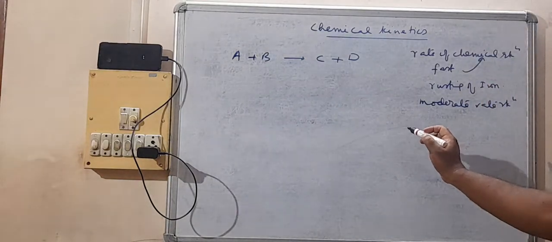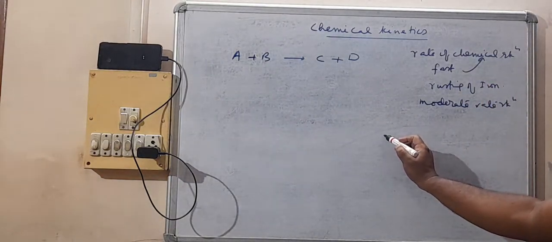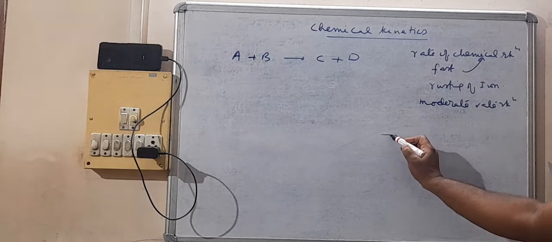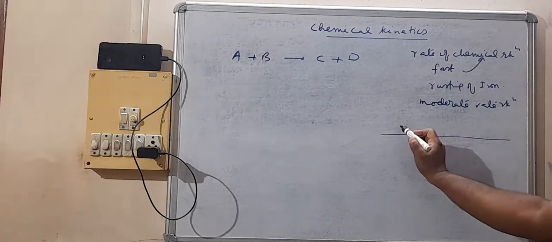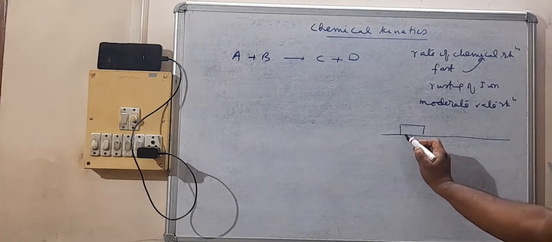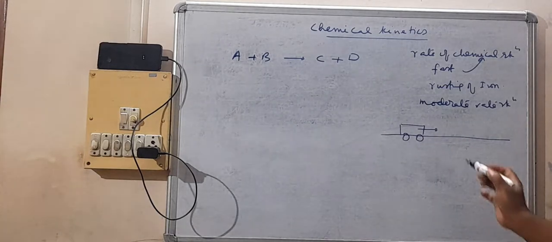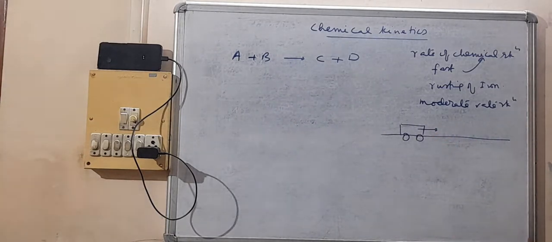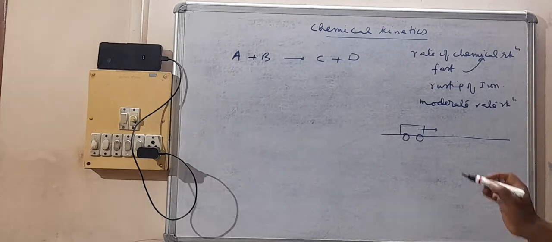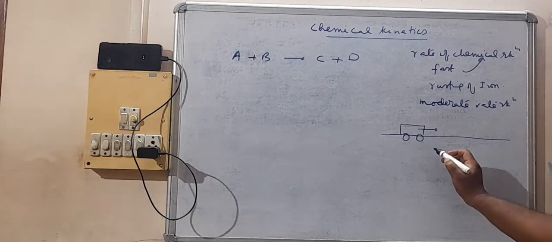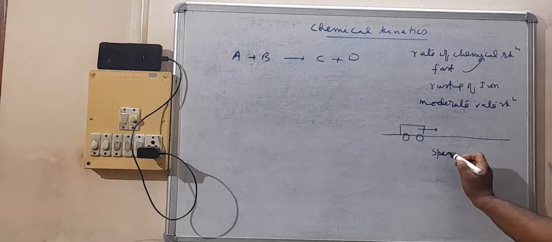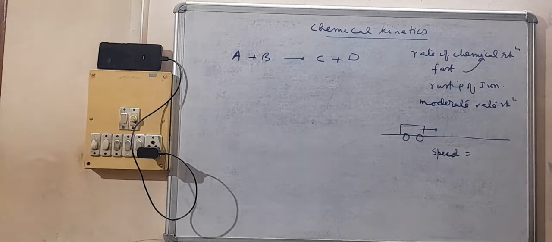Now, suppose a vehicle is traveling, and it travels at a certain rate. If we call that rate speed, how do we find the speed?